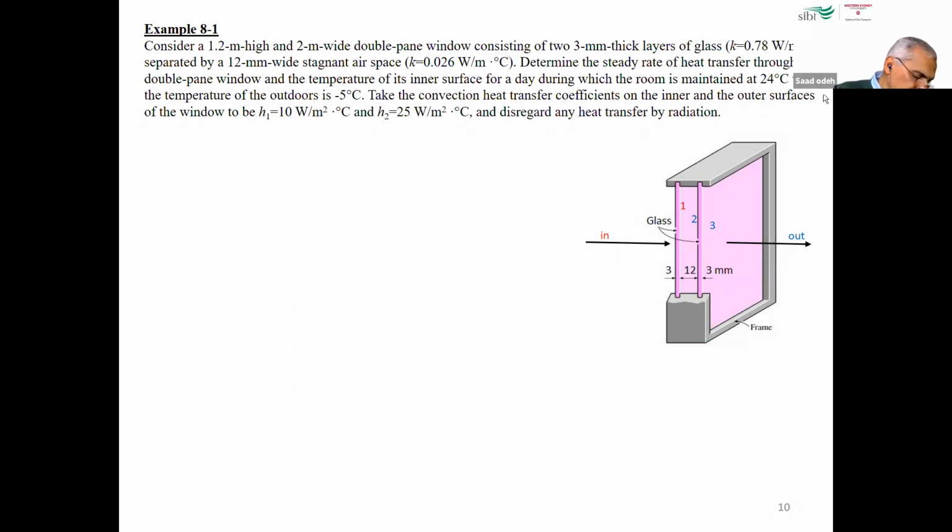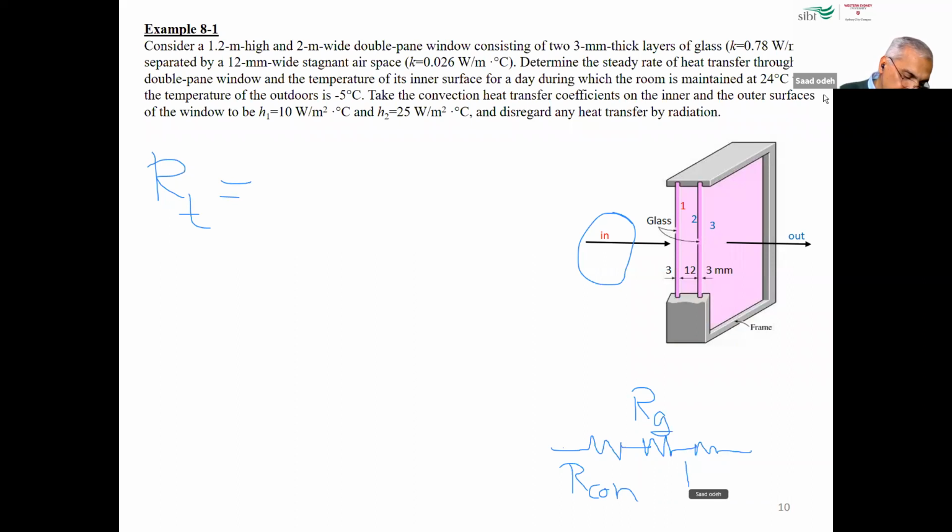Thank you. So our total here, as Faisal said, we have different thermal resistances. First one here is our convection for the air. And then after that, we have other resistance, our glass, the first layer of glass. And then we have thermal resistance of our air inside by conduction.